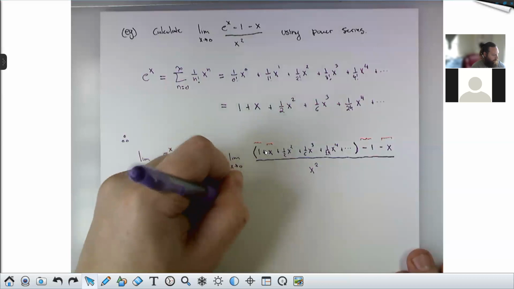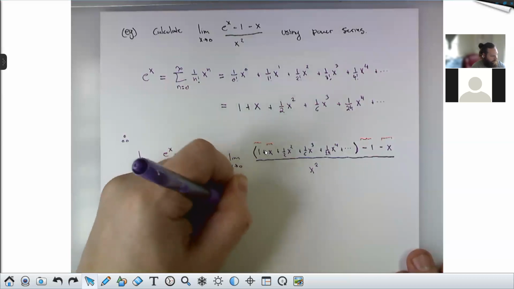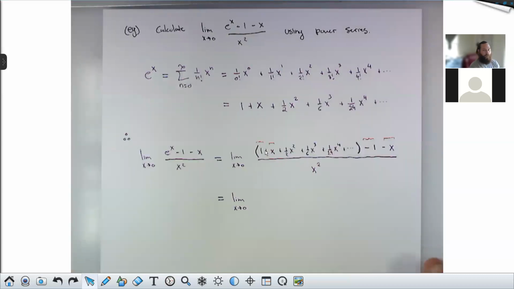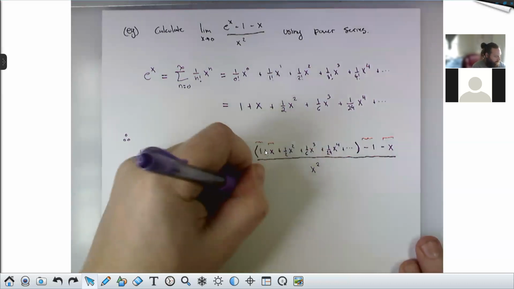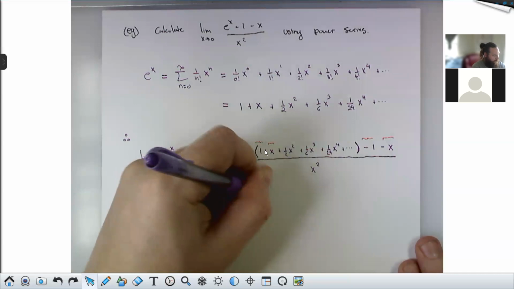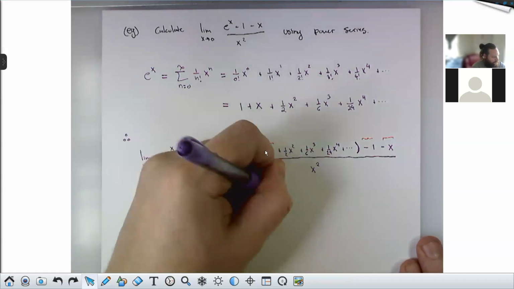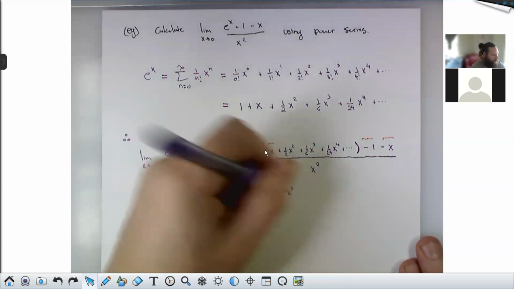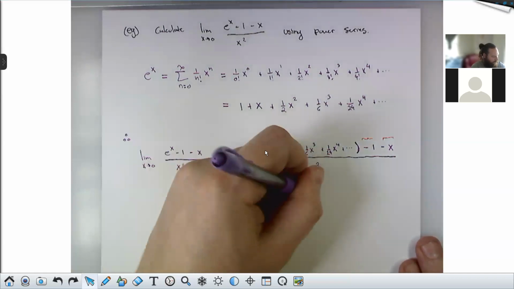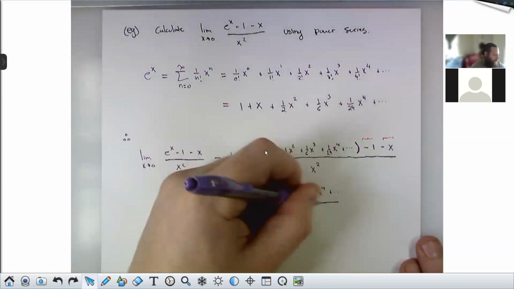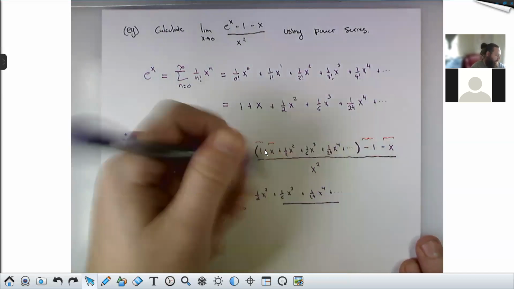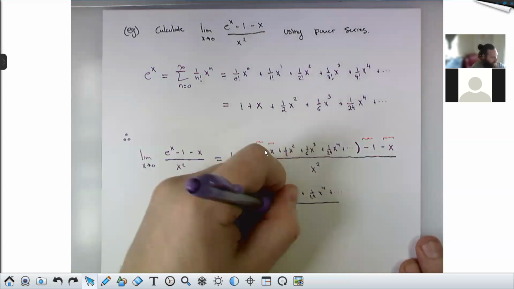And I'm left with, when x goes to 0, the 1 plus x are gone, so I just have 1/2 x squared plus 1/6 x cubed plus 1/24 x to the 4 and so on, divided by x squared.